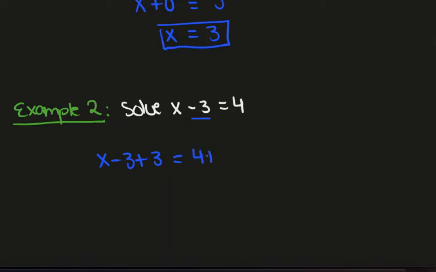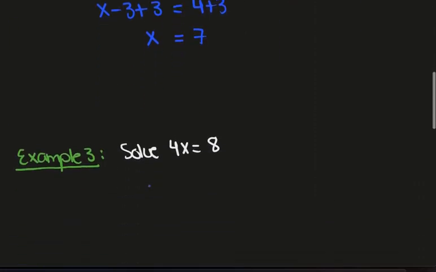So we'll have 4 plus 3. Now, minus 3 plus 3 is 0, so I can just get rid of that, and I'll have x, and then 4 plus 3 is 7. Let's check that that's exactly what we want. So we have 7 minus 3 equals 4. Good.